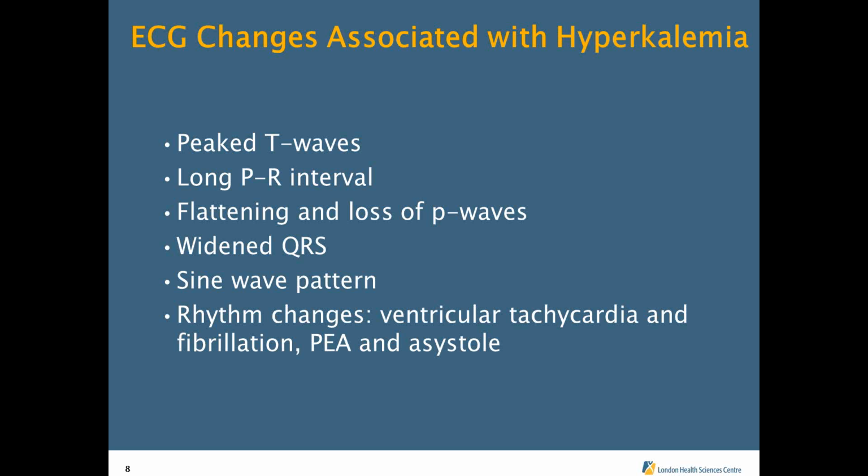And again, we'll have a good picture of that coming up to show you. Eventually you start to see rhythm changes, and those can include ventricular tachycardia and fibrillation, as well as PEA and asystole. So looking at that list, there's certainly a lot of different ECG changes associated with hyperkalemia. So something to be thinking about.